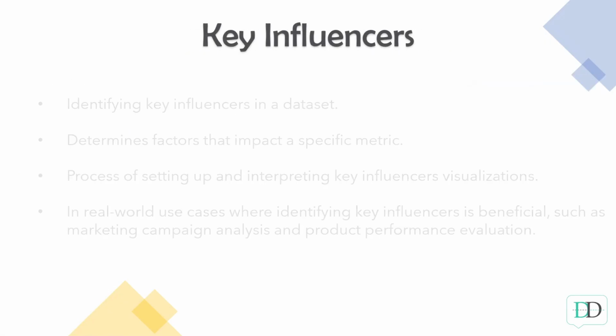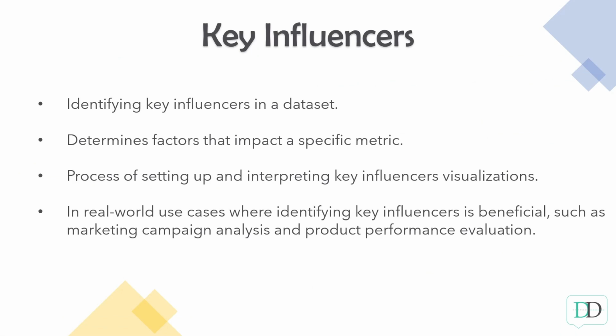And the next AI visual is key influencers. Key influencers will also give us bits of data, not very different from the previous visuals which I shared with you now. It determines a factor that impacts a specific metric, whether it is revenue, quantity, or inventory cost, whatever it may be.